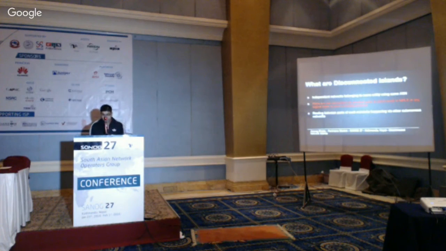So a quick idea about what the disconnected islands are. Primarily, these are the networks where you are operating under the same ASN but without any logical connection. This includes any possible point-to-point link, any possible layer 2 link, any possible logical link over any tunnel protocol.